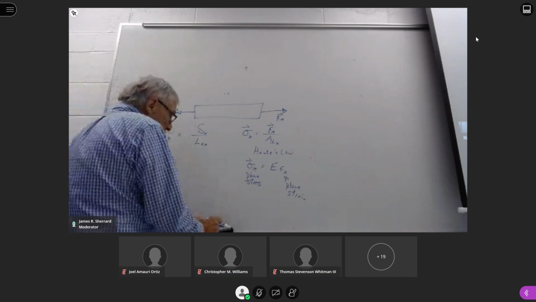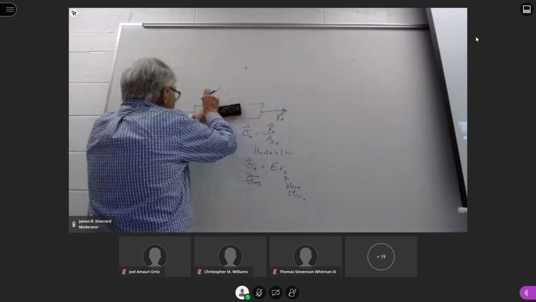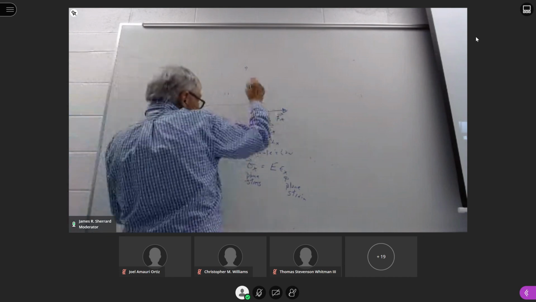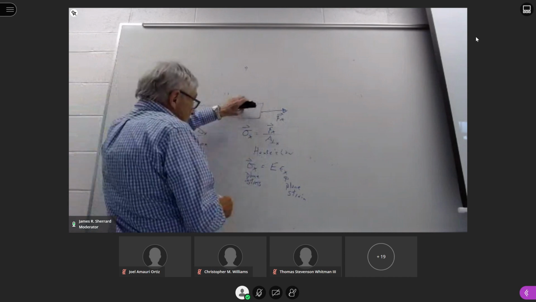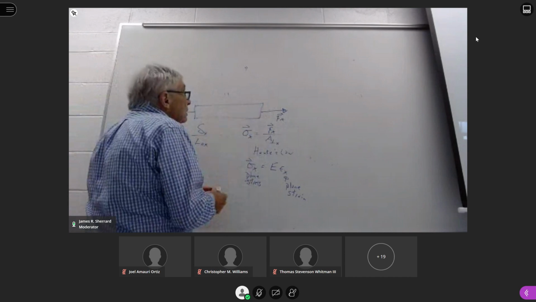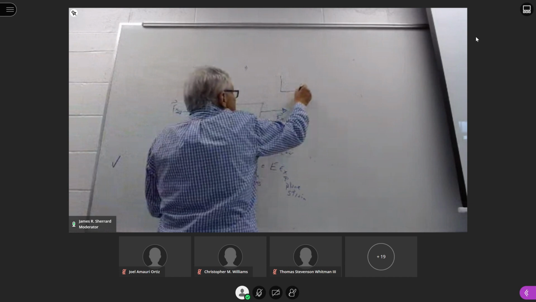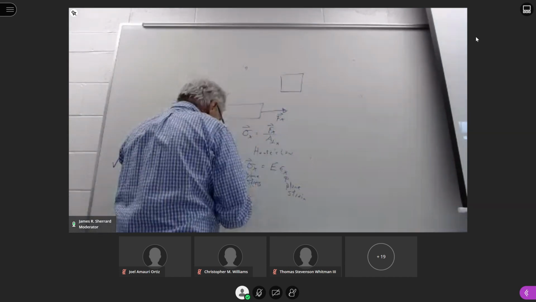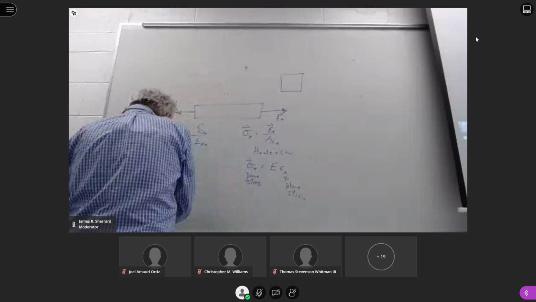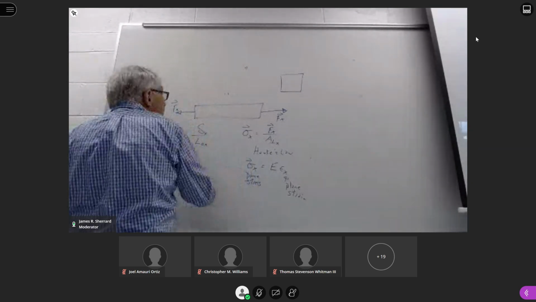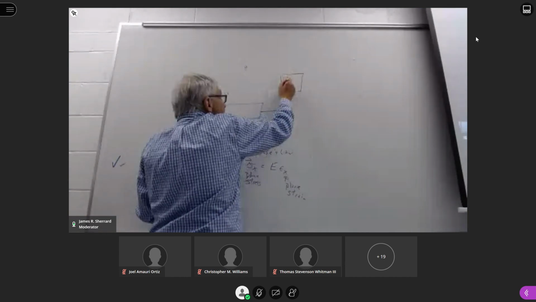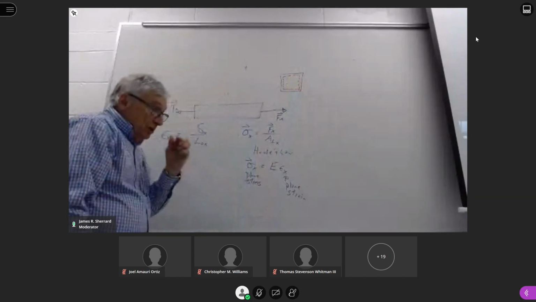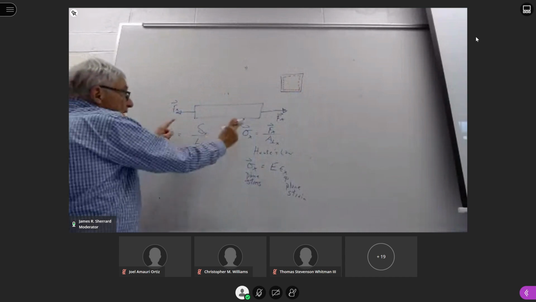So when we put this member, in this case in tension, if we look at the cross section, so if I turn this and put it this way, this is the cross section. When I load it in tension, we know that this cross section decreases in size.